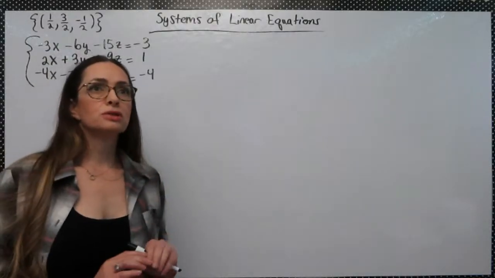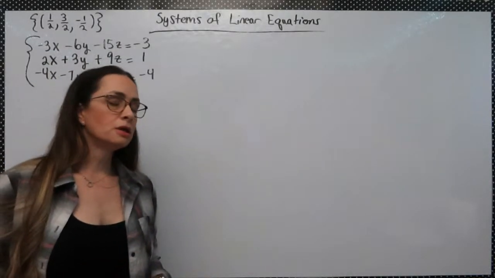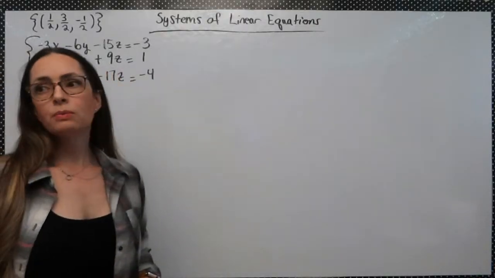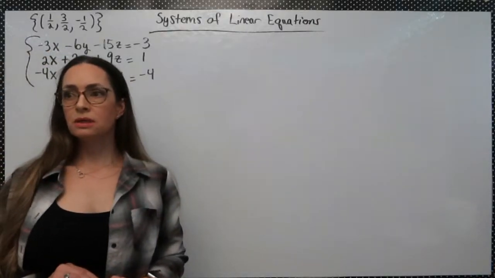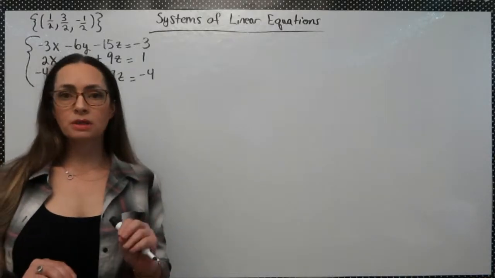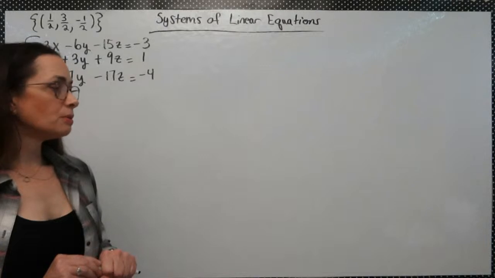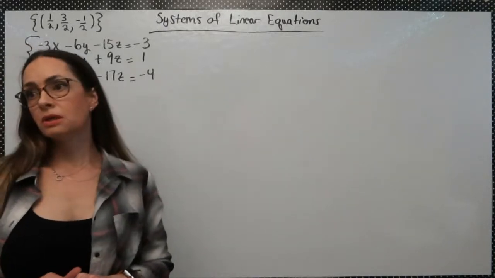If you were just doing Gauss-Jordan elimination, that's what you'd do, but we're not doing that. What we're doing is using Gauss-Jordan to find the inverse of the matrix. Very similar to what we did last week, except slightly different.